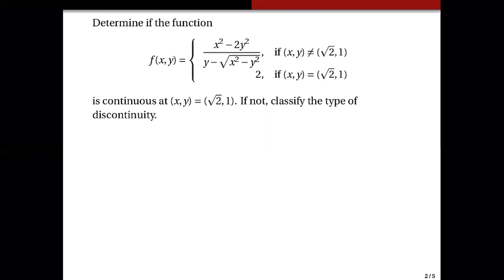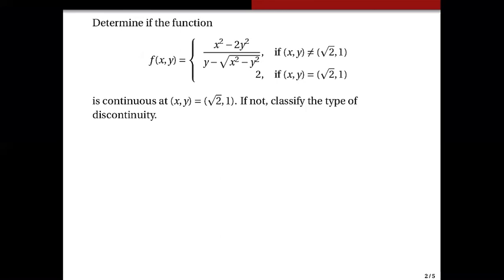What is in this function is that, of course, we want x squared minus y squared to be greater than or equal to 0. And furthermore, we don't want y minus square root of x squared minus y squared to be 0. So we have some restrictions if we are going to ask what the domain of the function f is. But anyway, let us look at the continuity of this function at this point, (square root of 2, 1). So how do we do this?